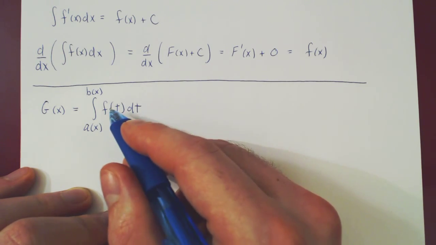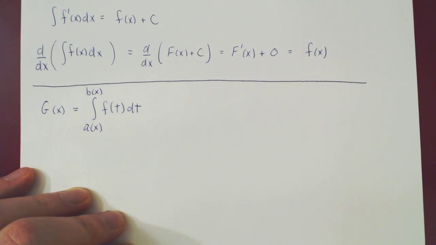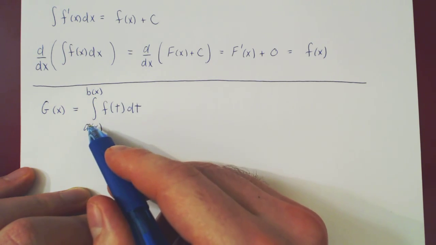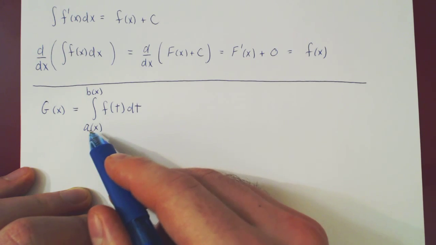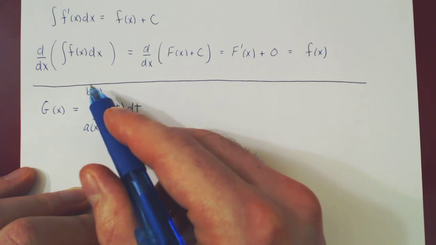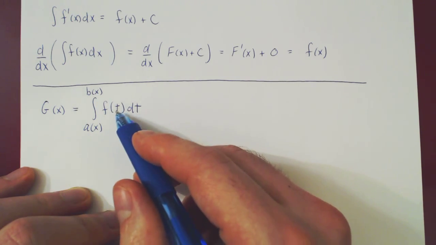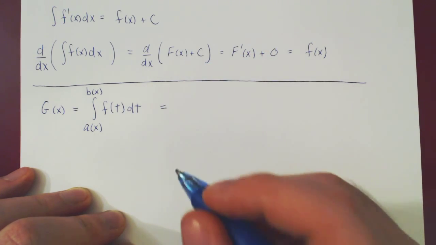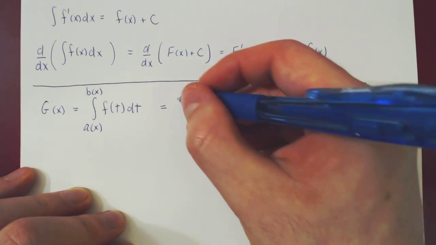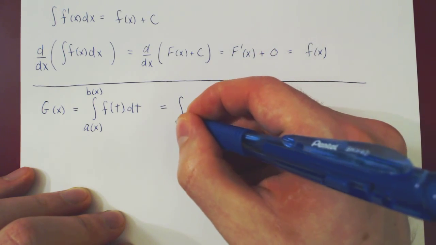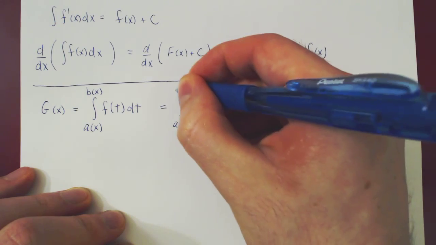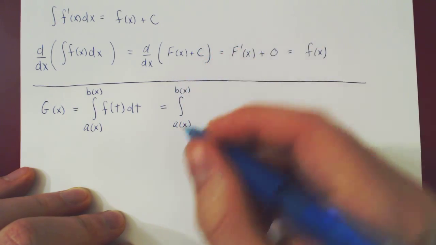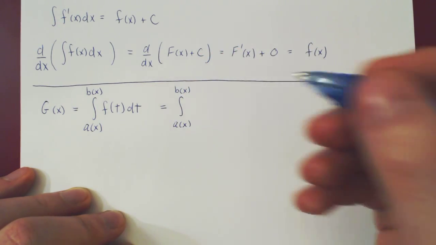Because if you remember, all we're saying here, if you think of the definition of the definite integral, we are asking for the net area below f between a(x) and b(x). So the variable t here is a dummy variable. It can be replaced by any variable other than x. So I could write this as the integral from a(x) to b(x). Instead of t, I could use z.